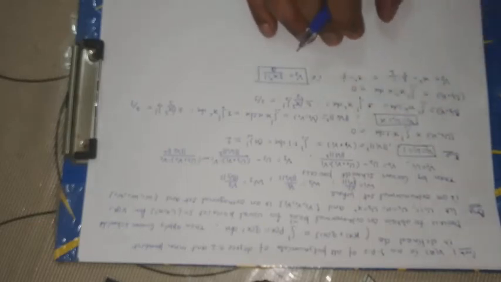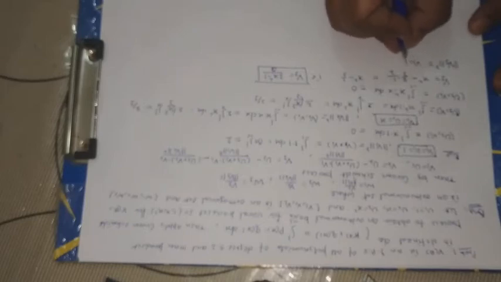This is V2, this is equal to V1. Now, the value of V3 norm square equals V3 inner product with V3.